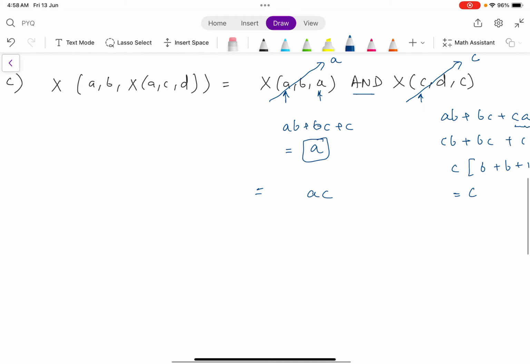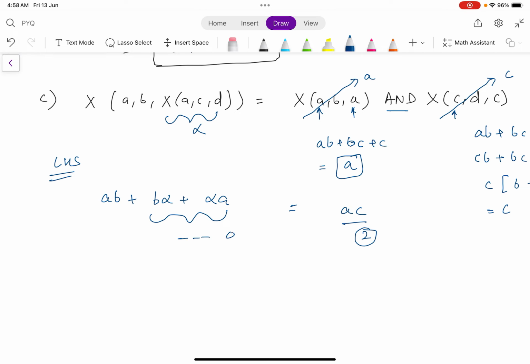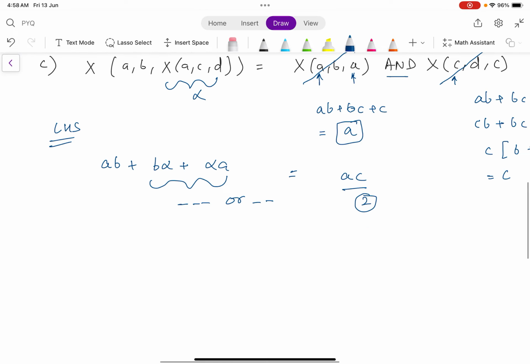There is an AND operation. So there is only a minterm of size 2, whereas on the left hand side there is a minterm AB. Let's assume it to be alpha: AB, alpha plus alpha A. So this expression is going to give you minterms of size 3 or size 2, but here a minterm which is AB can't be reduced. So the left hand side is having a minterm AB and the right hand side is having a minterm AC.